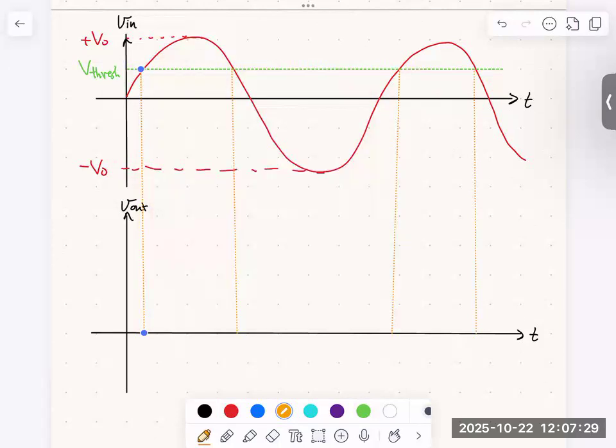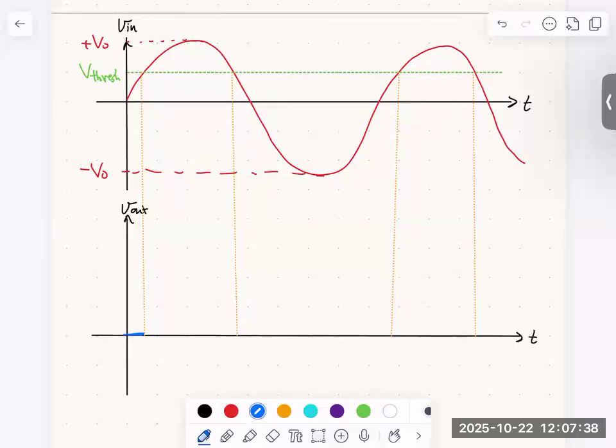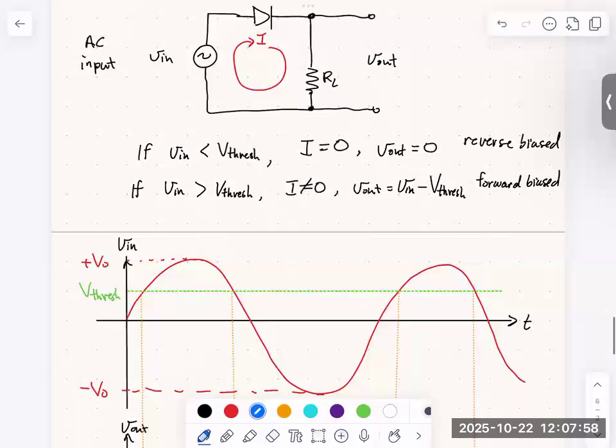Okay, let's start with the easy part first. We know that whenever our input is less than the threshold voltage, our output is going to be 0. So we're going to get 0 here, we're going to get 0 here, and we're going to get 0 here. Okay, when we are forward biased, the output is equal to V in minus the threshold voltage.